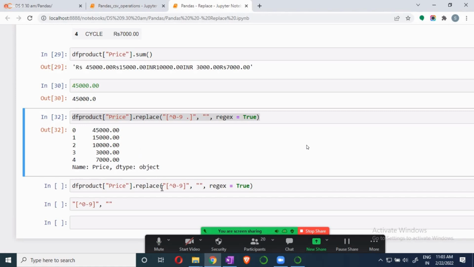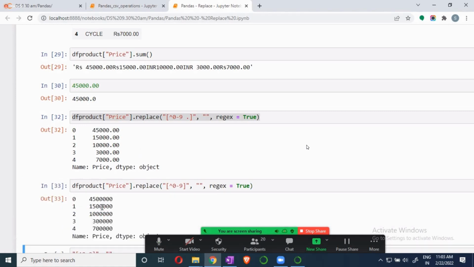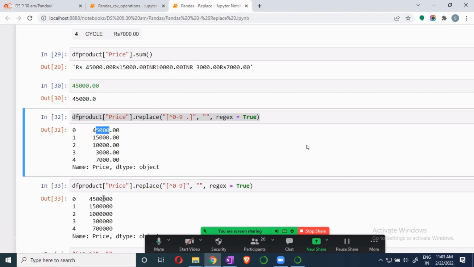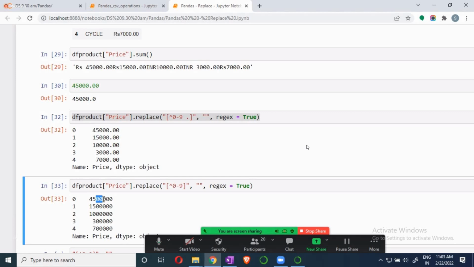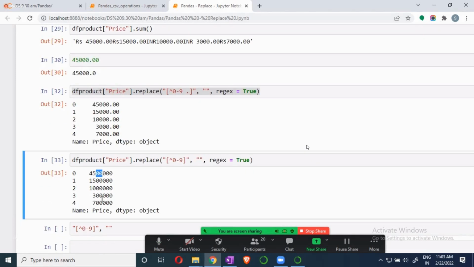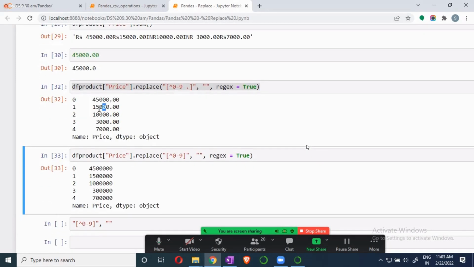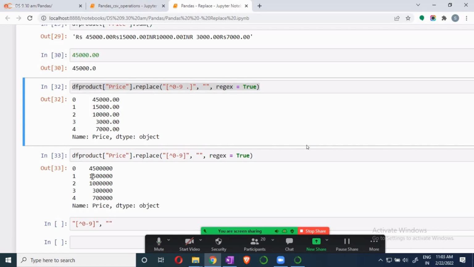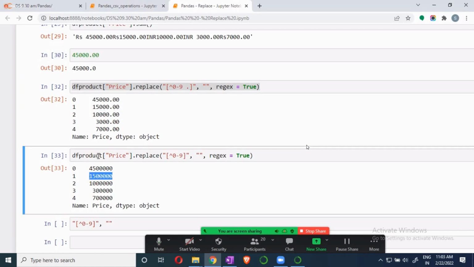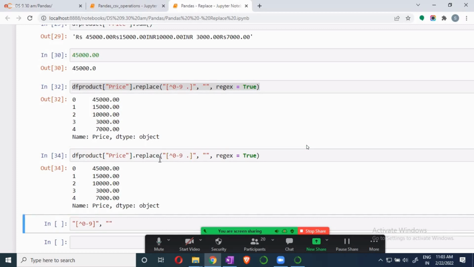Now you see, 45,000 became 45 lakhs, sorry, and here 15,000 became 15 lakhs. So what I did is keep the dot as it is. Now you see this, I got it properly.